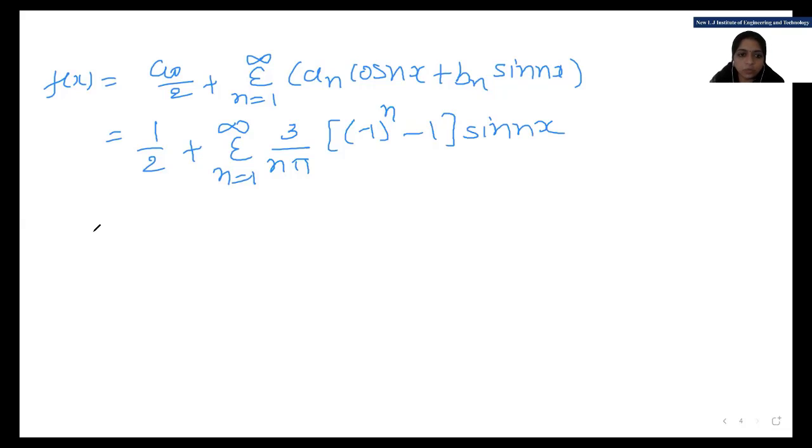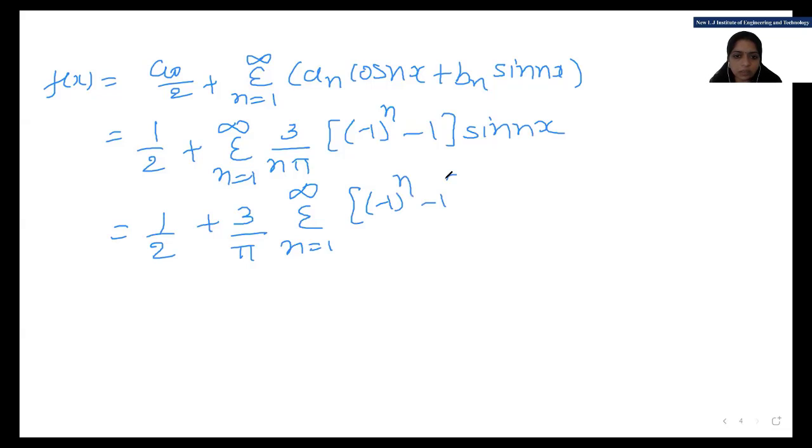So 1 by 2, we keep this 3 by pi, and minus 1 raised to n minus 1 contains n, so summation n 1 to infinity, minus 1 raised to n minus 1 upon n into sin nx. This is the Fourier series of the given question. Students, do you have any doubt?